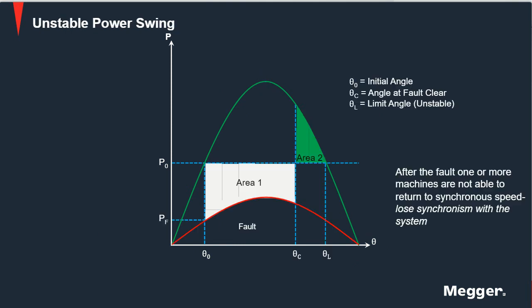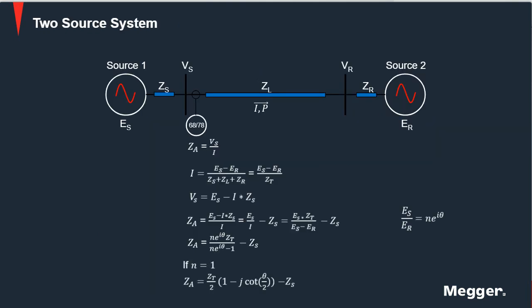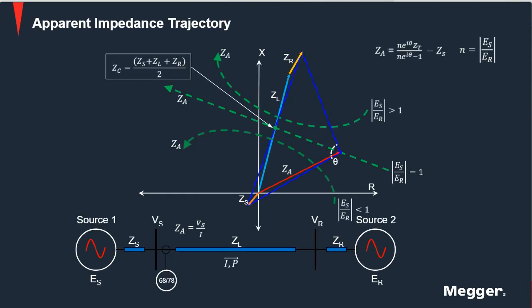So what's happening during a power swing is that even if the voltage remains constant, which could happen if the machine has a voltage control system that can maintain the voltage at different speeds by varying the amount of excitation in the system, even if the voltages remain constant, during the power swing the angle between this voltage here and this voltage here is going to change.